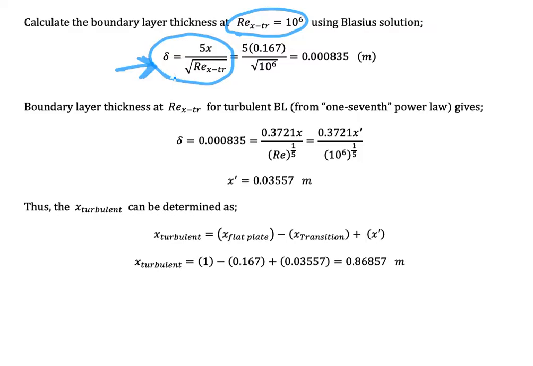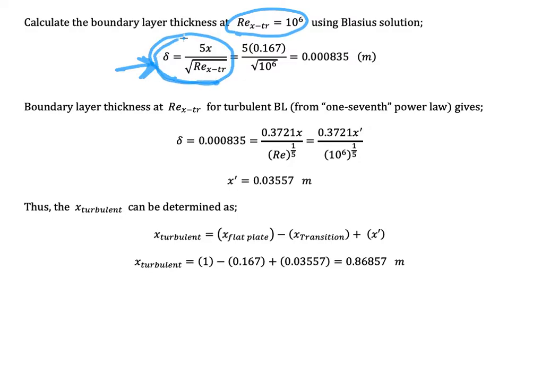Because in this question we don't know the velocity profile for laminar and turbulent, we solve the laminar boundary layer using the Blasius solution, and we use the 1/7 power law to solve the turbulent boundary layer.